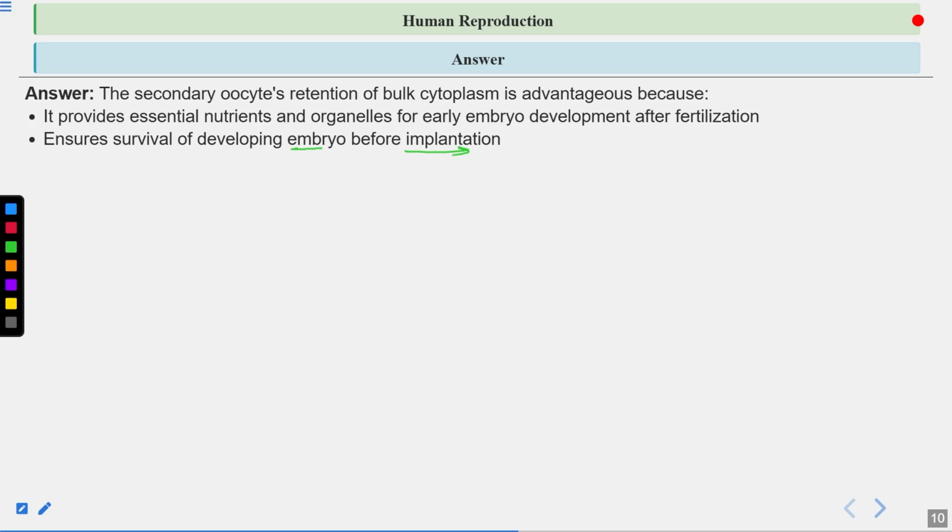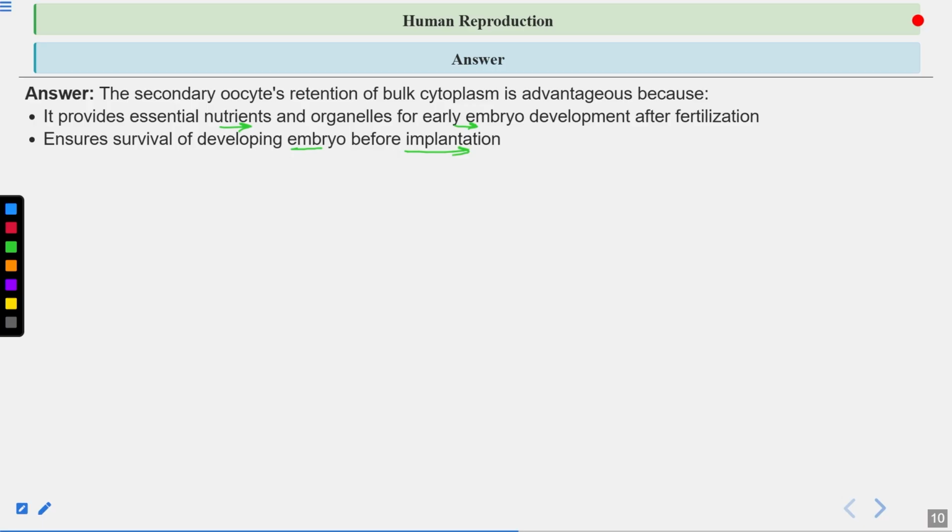So what happens during the implantation? The blastocyst gets attached to the uterine wall, and then it obtains nutrients from the uterine wall. But before that, how does the early embryo obtain nutrients? It obtains nutrients from the cytoplasm, which is rich in nutrients.